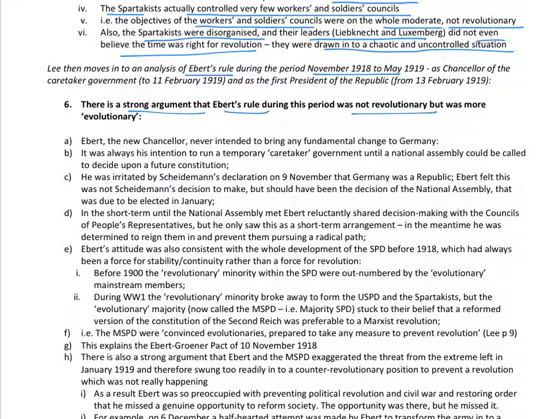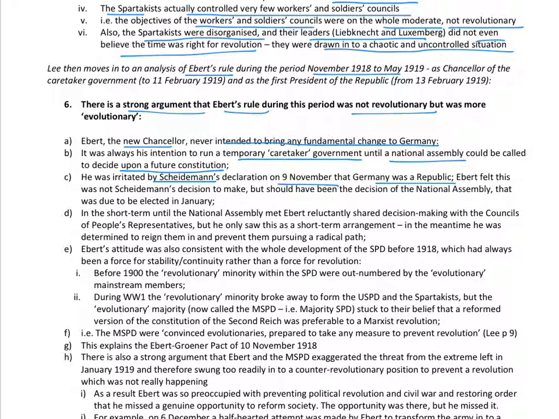So Hebert, the new chancellor, never intended to bring about any fundamental change to Germany. Okay, it was always his intention when the Republic was declared on the 9th of November 1918 to run a temporary caretaker government until a National Assembly could be elected that would decide upon a future constitution. And we know that he was irritated by his deputy, Philip Scheidemann, who declared on the 9th of November that Germany was a republic.